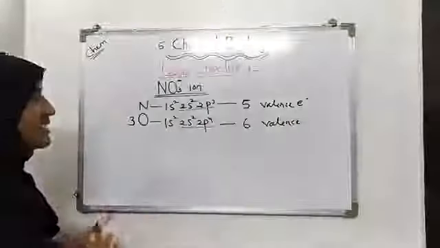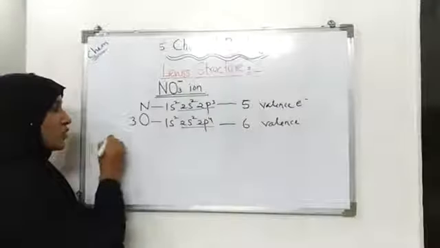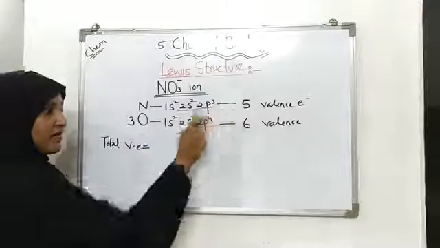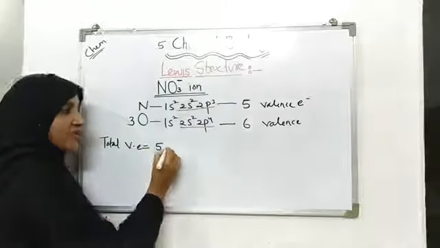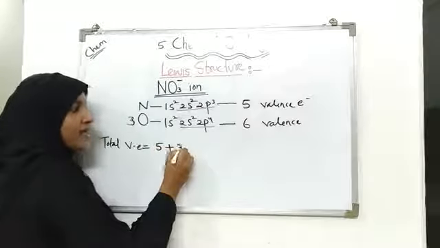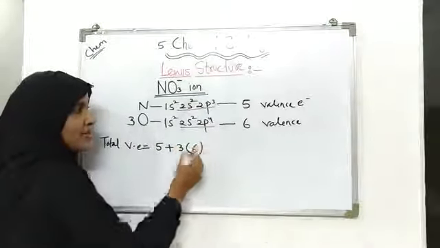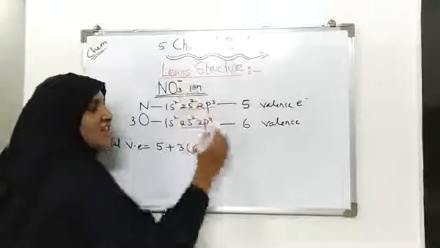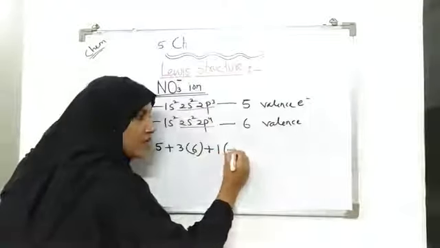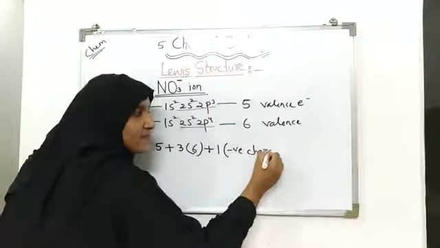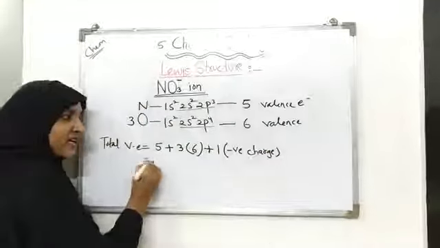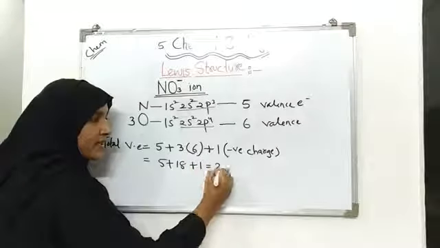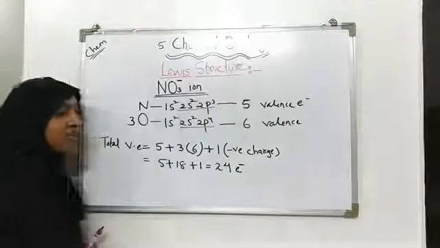ठीक है, अब देखते हैं टोटल नंबर ऑफ वैलेंस इलेक्ट्रॉन्स. तो टोटल नंबर ऑफ वैलेंस इलेक्ट्रॉन्स कितने हो जाएंगे? 5, that is 5 of nitrogen plus 3 multiplied by 6 because we have 3 oxygen plus there is a negative charge, so 1 electron due to negative charge. ठीक है, तो टोटल हो जाएंगे 5 plus 18 plus 1, that is 24 electrons are there.